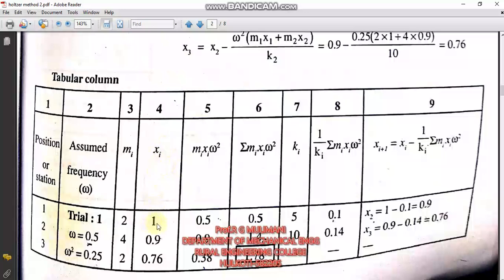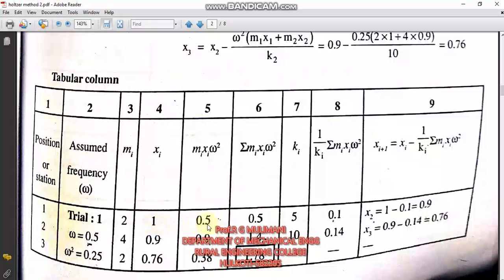Now we already know that we need to assume the initial displacement for the first mass, the mass at position 1. It is always 1. For convenience, you assume the displacement of the mass at position 1 as 1.